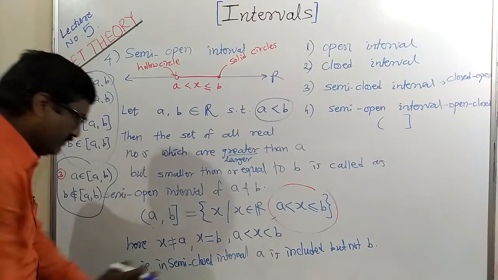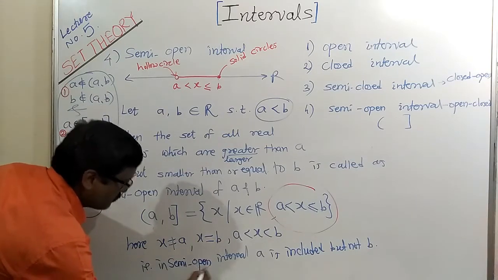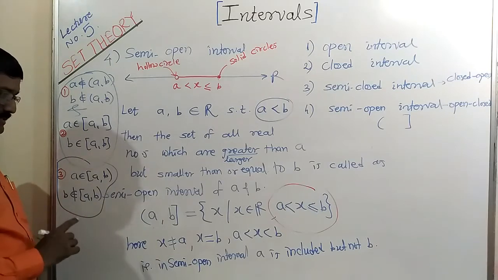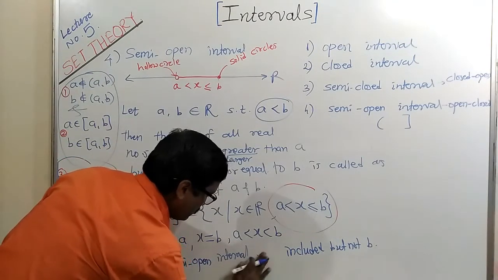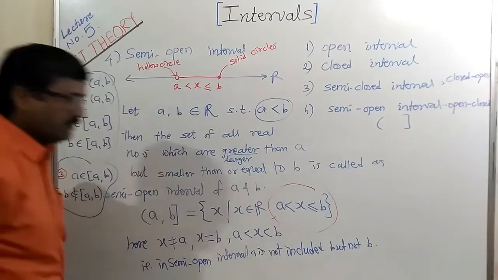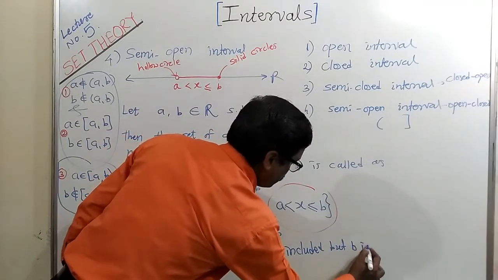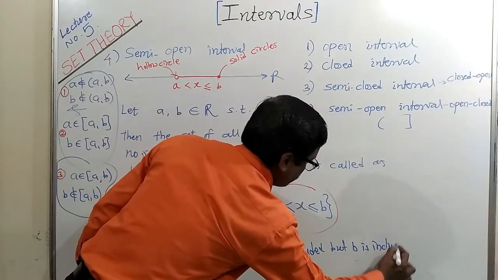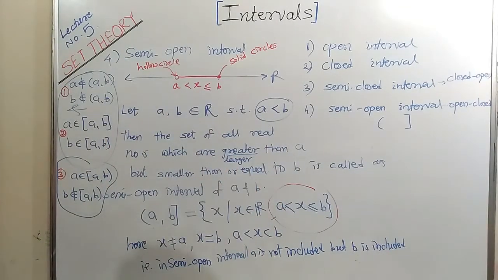That is, in the semi-open interval, A is not included, but B is included, because the set is semi-open.